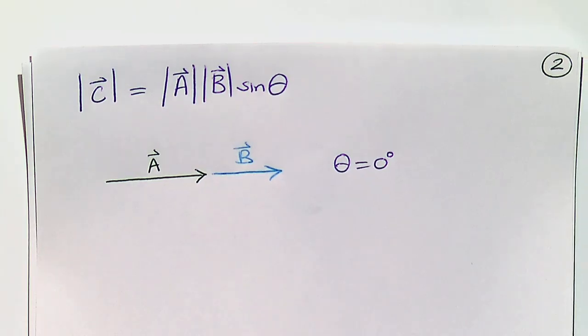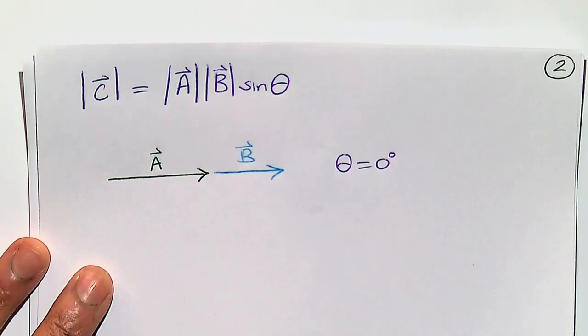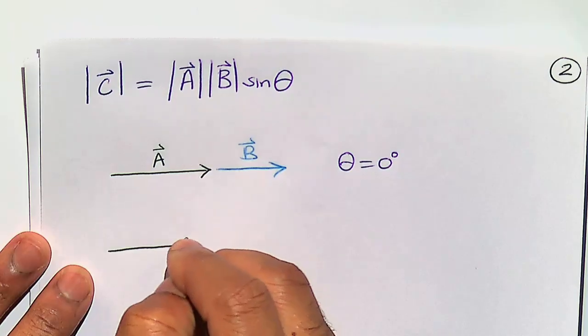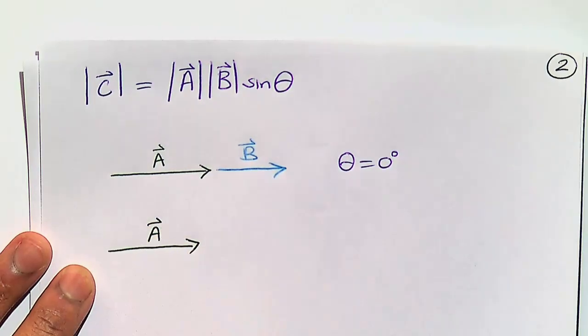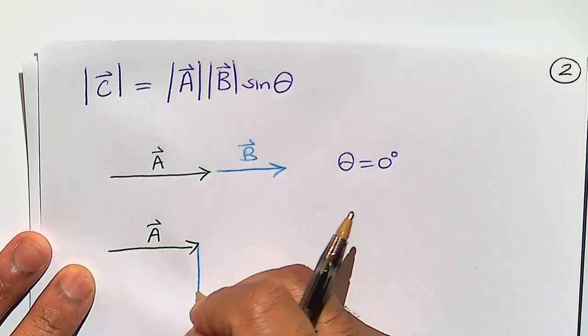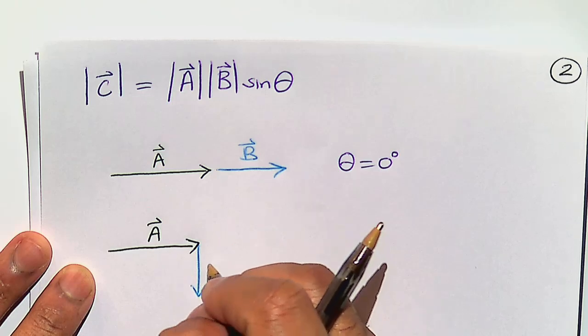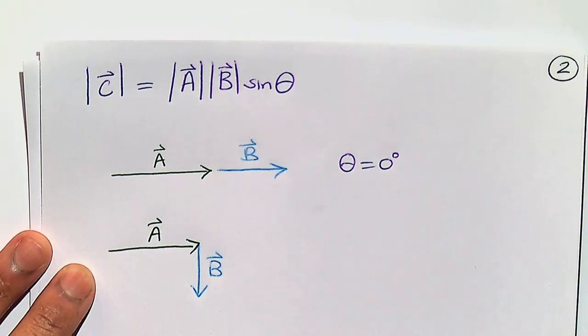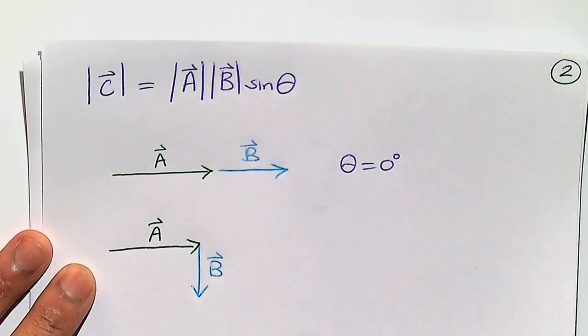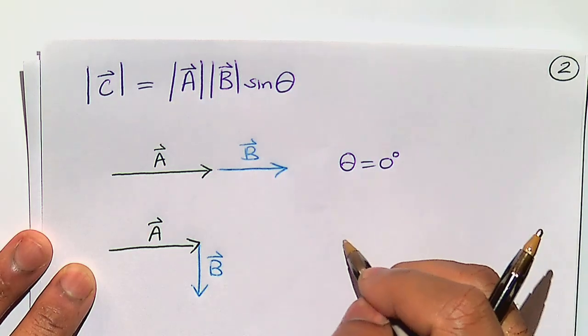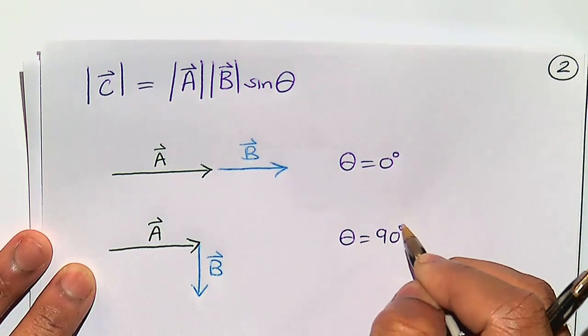If they're going the same direction, it's 0. If A points like this and B points like this, in a case somewhat similar to our example with the wrench, then this is an angle of 90 degrees, okay?